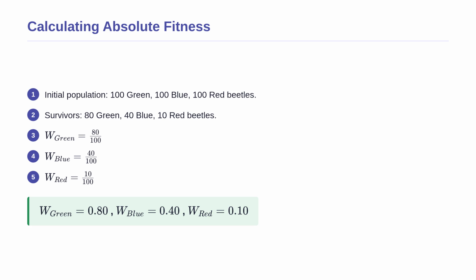We need to find their absolute fitness. We choose the absolute fitness formula to find their raw survival rates. For the green beetles, we divide 80 by 100 to get 0.80. We do the same for blue and red. These final answers represent the raw survival rates for each genetic group.